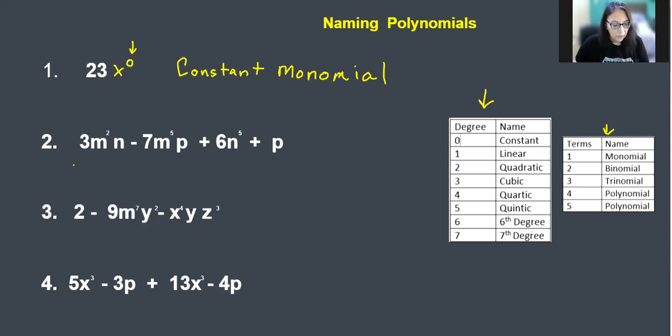Just as a reminder, if there's nothing there, it's a 1. And if there's more than one variable, you have to add those. So I got 3, I've got 6, 5, and 1. So the degree is 6. If the degree is more than 5, you name it by the degree. So this is a 6th degree.